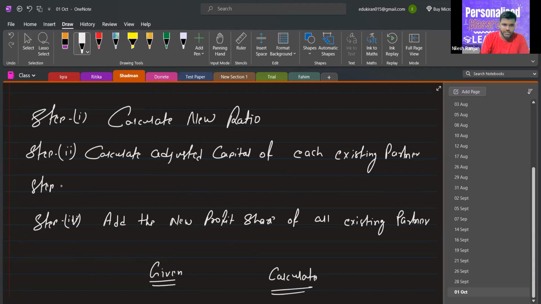Step 3 is to add the adjusted capital of existing partners.